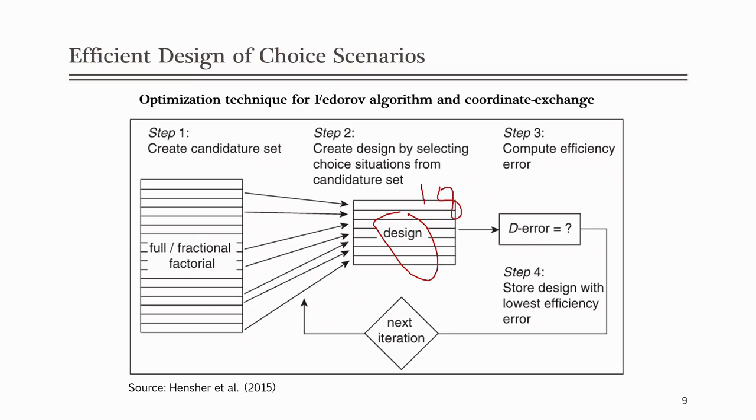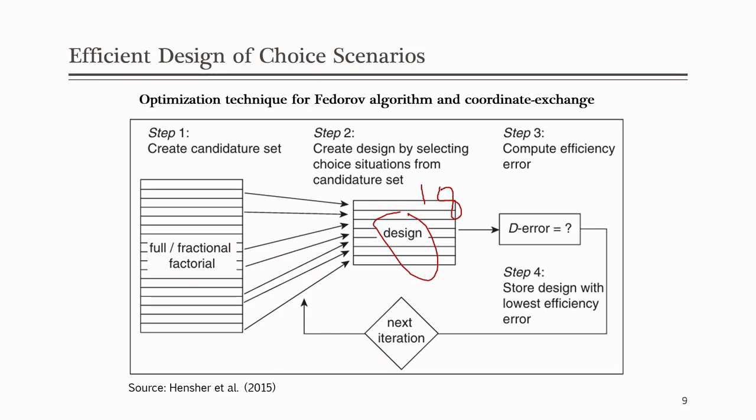There are a lot of mathematical equations here. It will calculate the weights of those 18 choice scenarios, and then calculate what's called the Fisher information, which is how much information we get. Then it will calculate the determinant of the Fisher information to get the D-error or D-efficiency.